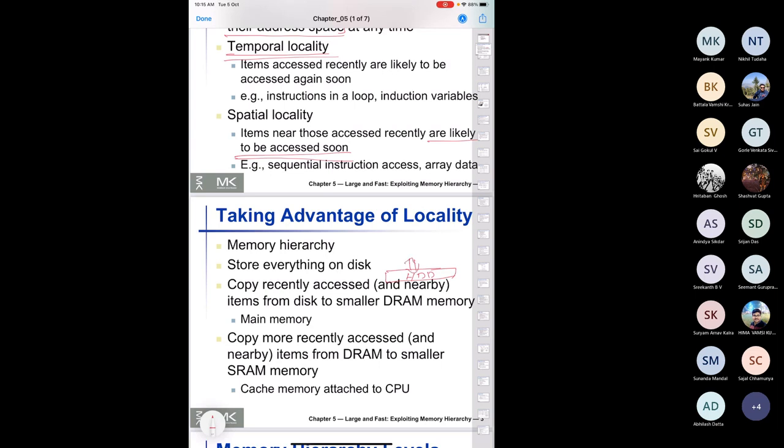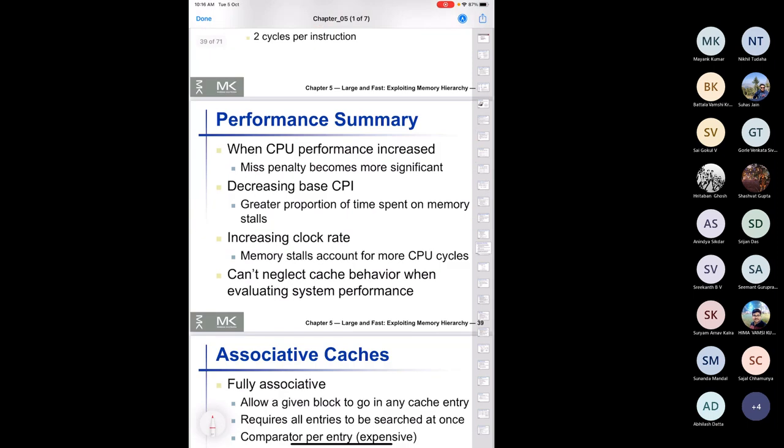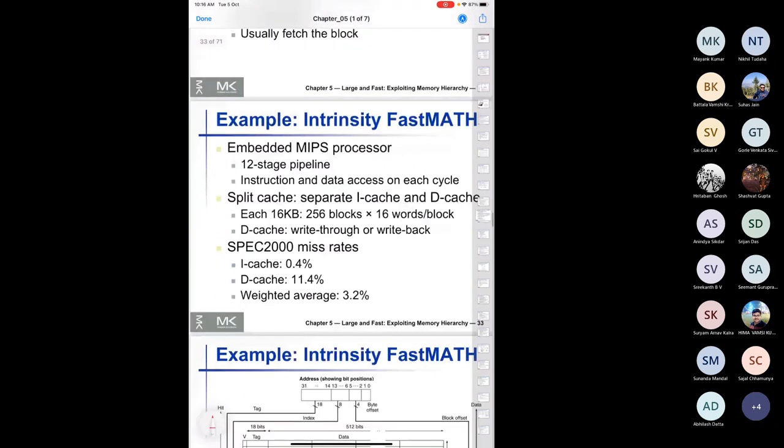Above that is your DRAM. This DRAM is usually called the memory. So when I say memory, by default, I mean this DRAM.